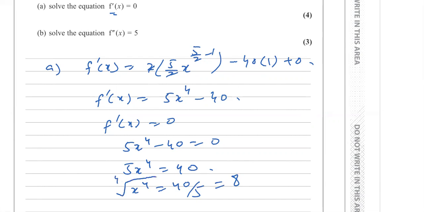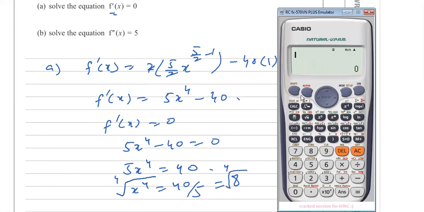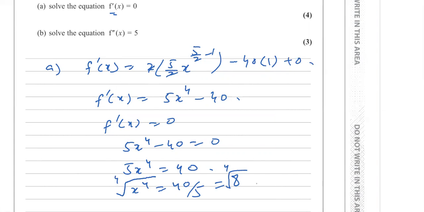Take the fourth root on both sides. The fourth root of 8 will be 1.68. So x will be equal to 1.68.